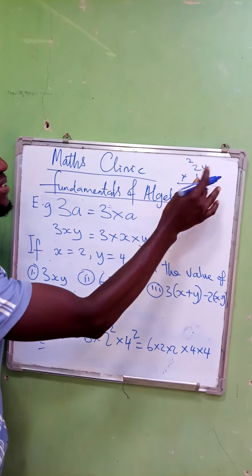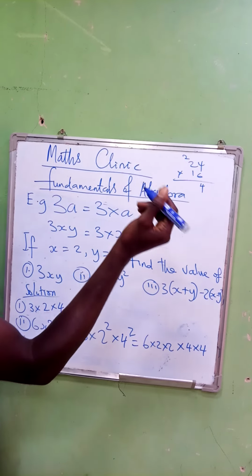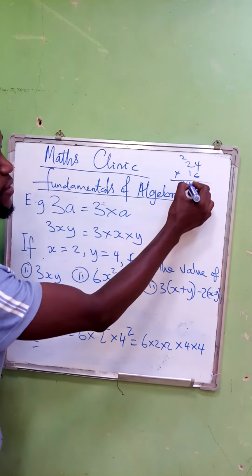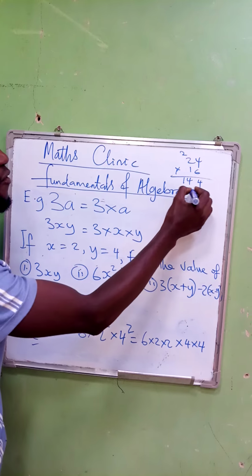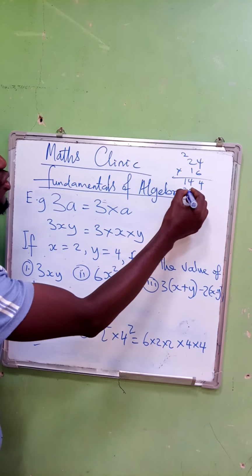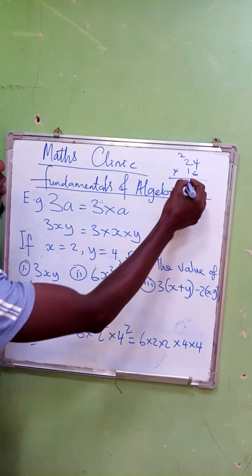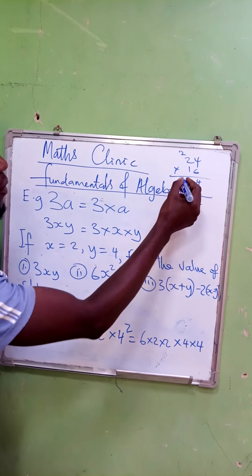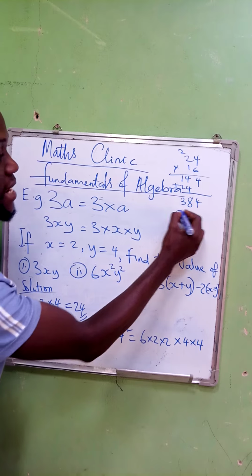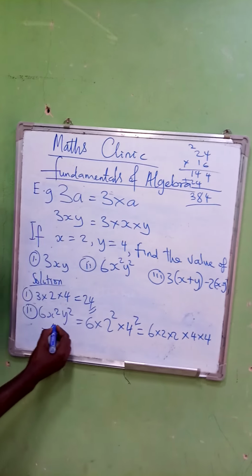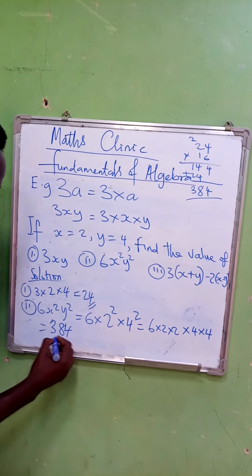Take 2 to this place. 6 times 2 will give us 12 plus 2, 14. 1 times 4 will give us 4. 1 times 2 will give us 2. Now we add up. 4 here. 4 plus 4 will give you 8. 1 plus 2 will give you 3. That is 384. That's the answer for that.